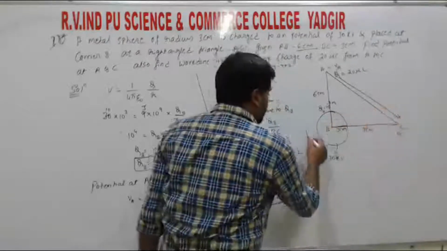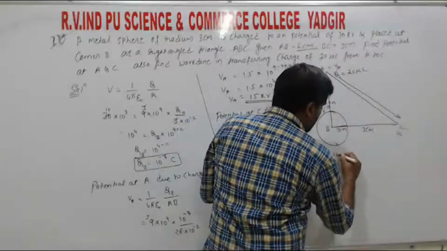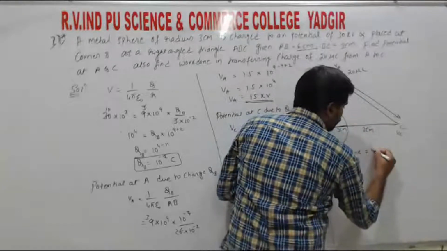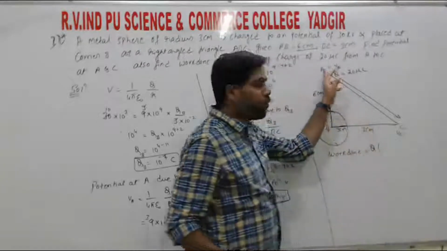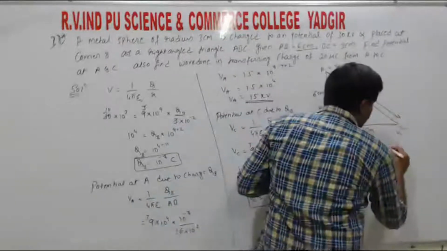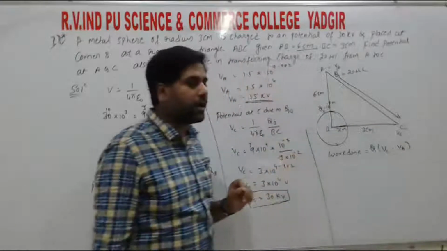So we are going to calculate the work done, right? So work done in bringing the charge Q from the point A, that is from potential A to potential C. So that can be written as change in potential, VC minus VA, right?